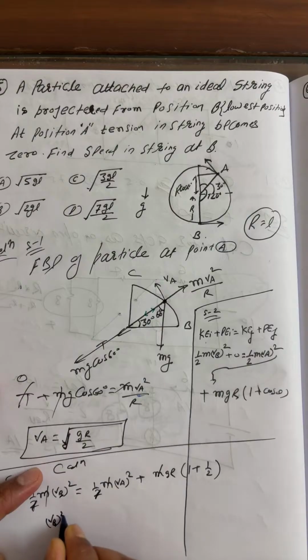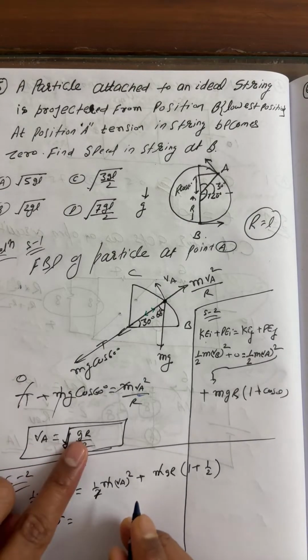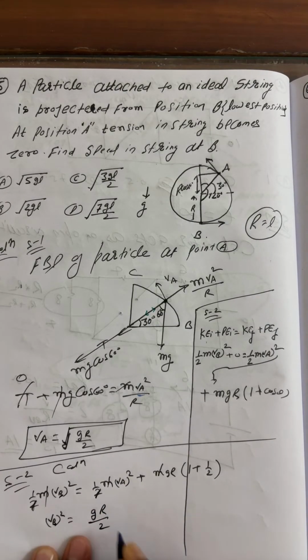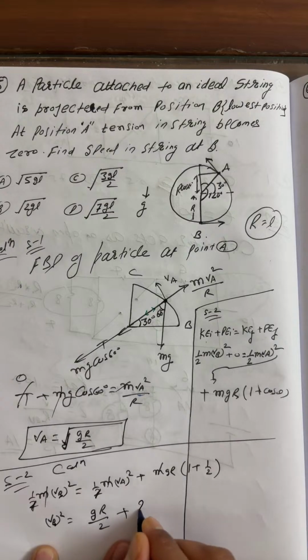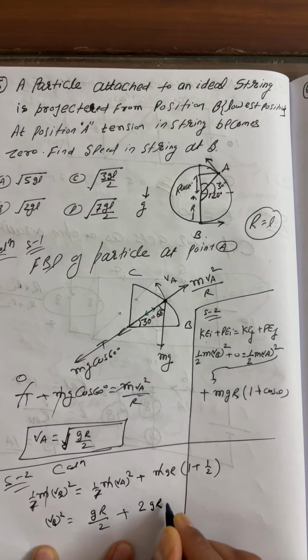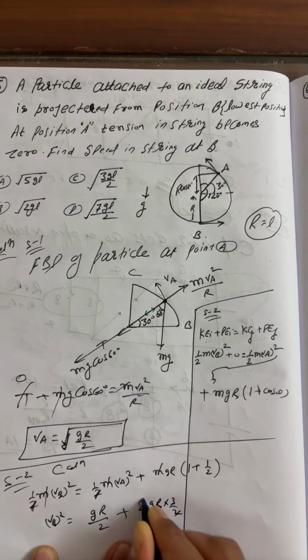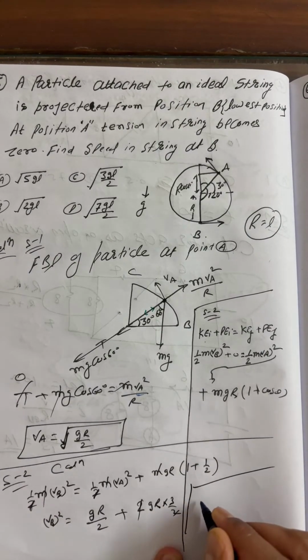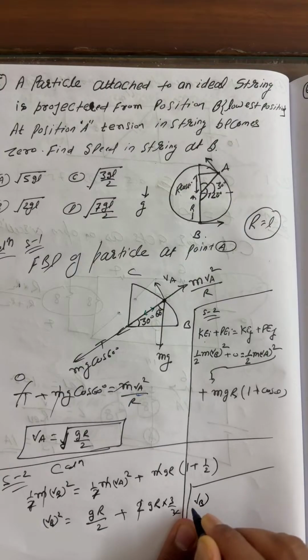Then you can see V square equals VA square, which is GR by 2, plus 2GR into 3 by 2. Here G is common. So what do we finally write?